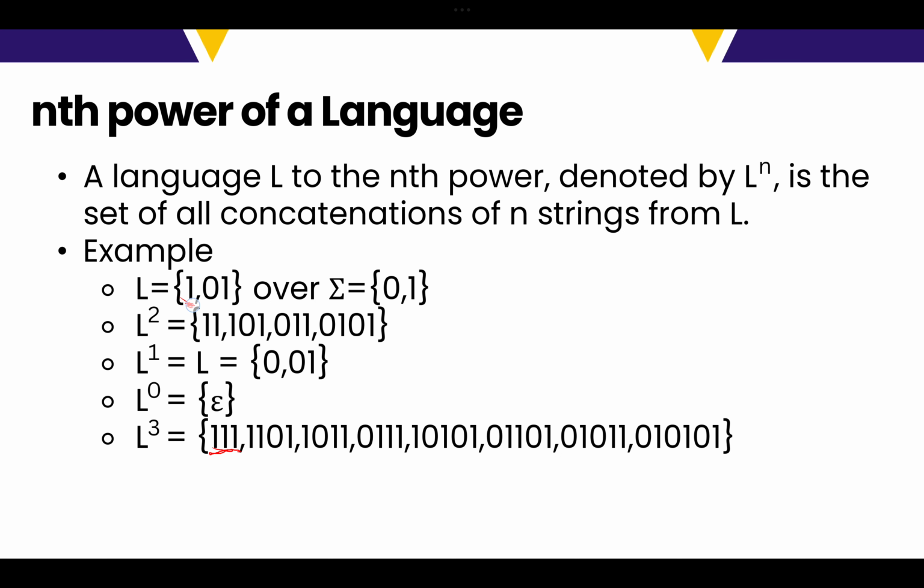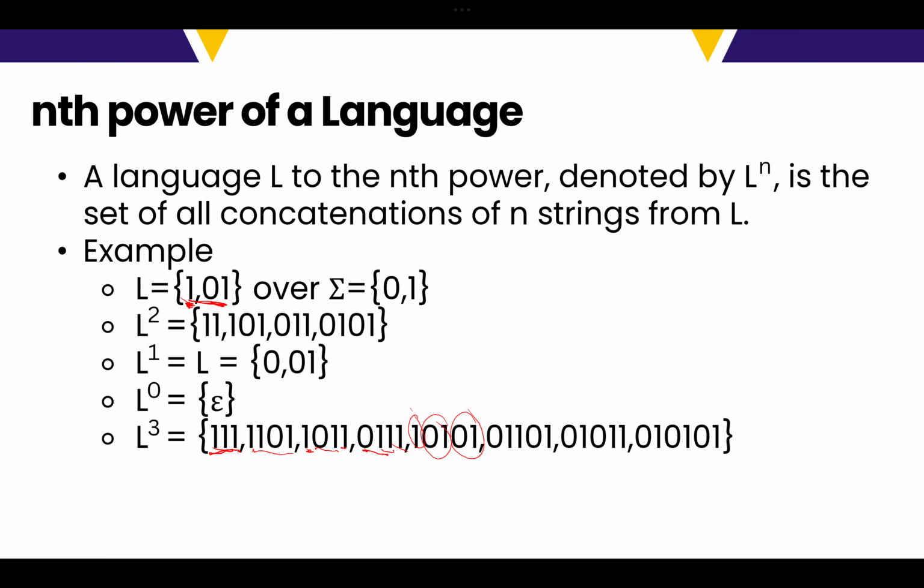So, that's all 3. Then this one, 1, 0, 1, unya 1. Katulo gihapon. This one, 0, 1, unya 1, unya 1. Katulo. This one, 1, 0, 1, 0, 1. Katulo gihapon. So, diri ra jud siya makuha, no?